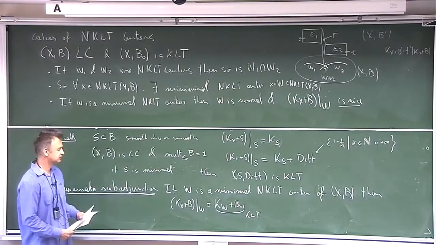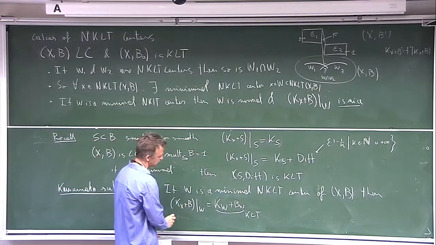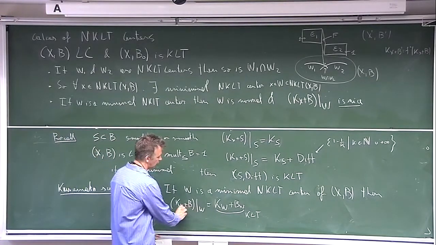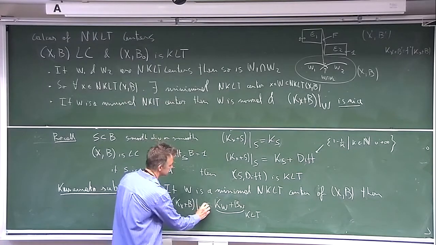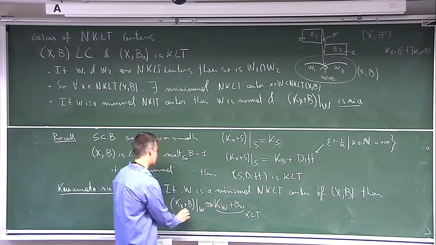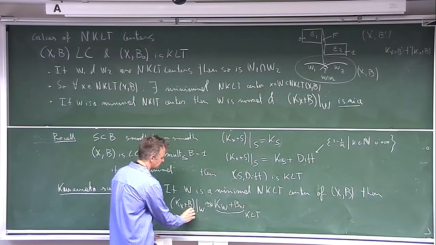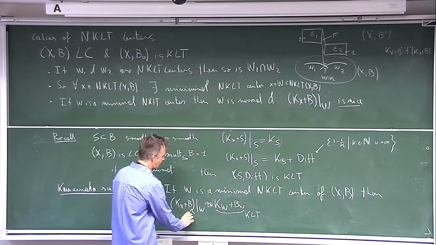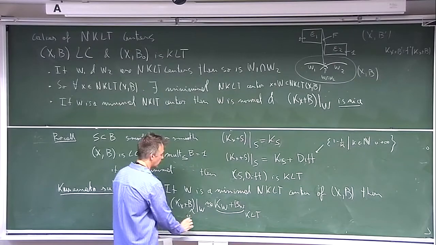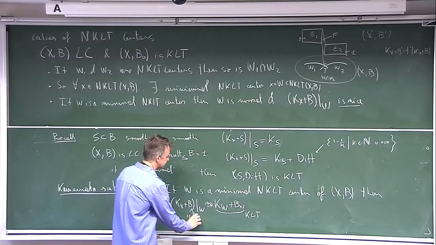In Kawamata's original formulation, first of all, it's not equal, it's Q-linear equivalent. And you need to modify this, make things a little bit more flexible. You need to add an arbitrarily small multiple of an ample divisor.